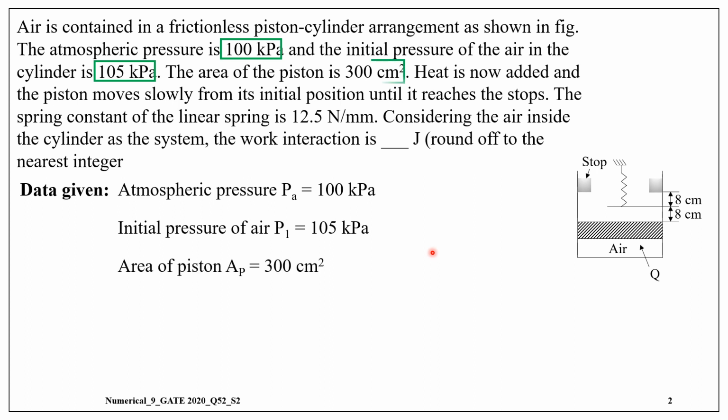Area of the piston, denoted by the symbol A suffix B, is given as 300 centimeters square. The spring constant, this is a spring. The spring constant, denoted by the symbol K, is given as 12.5 Newton per millimeter.